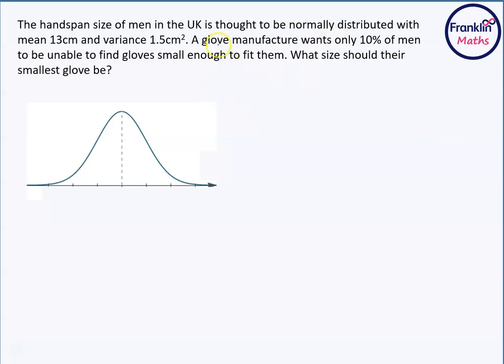Okay, so this is going to be normally distributed. So we're going to say let x be the handspan of men.